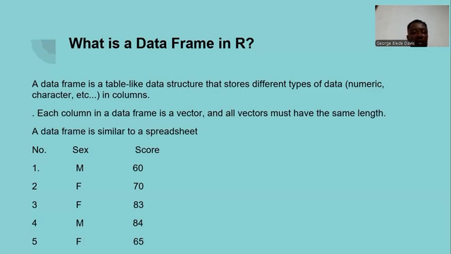For example, our two vectors, we put them together and we have an example of a data frame. We join the two vectors side by side, which we practice in our script, and we get our data frame. Maybe student 1 is a male and got 60, student 2 is a female and got 70, just like that. Merging the two vectors side by side is considered a data frame.